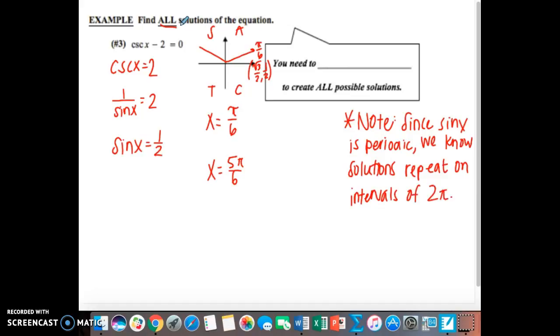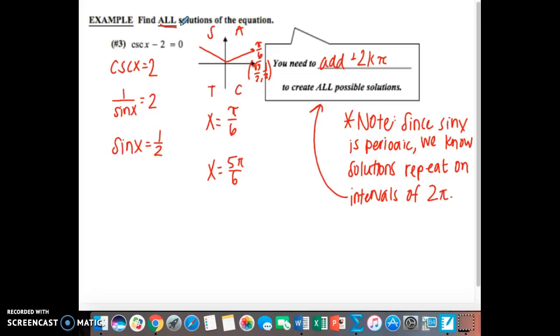And that's just because the period for sine is 2 pi. The same thing goes for cosine. So with this being said, this tells us that we need to add 2k pi to create all possible solutions. This k just represents the number of periods that you want this to repeat.